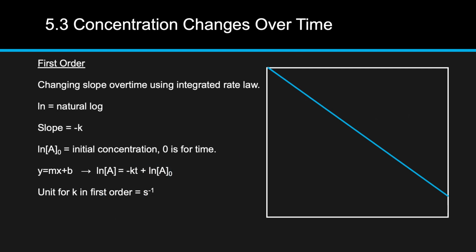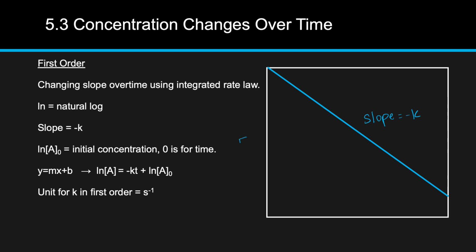Okay, so now we go on to 1st order. So some things are the same, some things have changed. So we still have a negative line, which means our slope is still going to be negative k. Now if you look at our y value, that is changing.